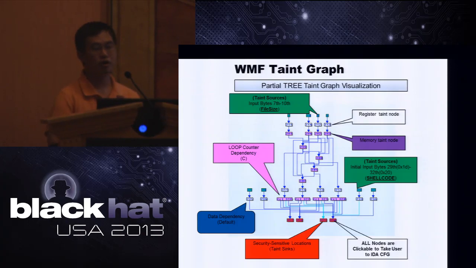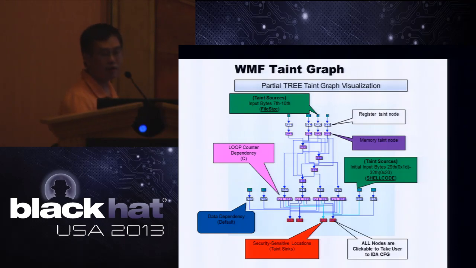Here's a quick partial taint graph we collected. This is when the program got an exception from an address that is highlighted here, the red one. Basically, this is 4 bytes, the location the program is trying to execute from, and because we have junk data, it causes an exception.